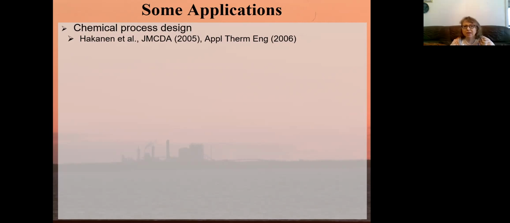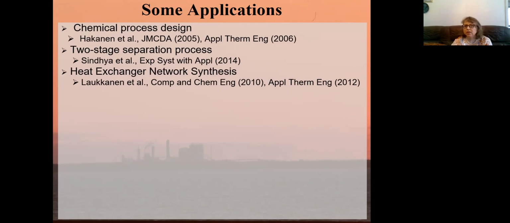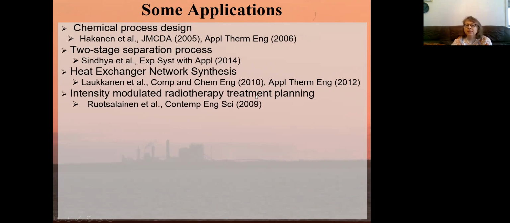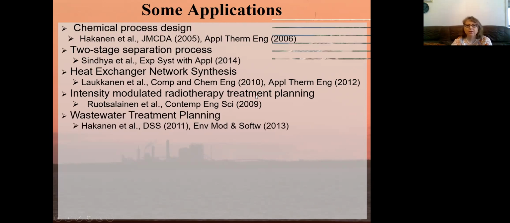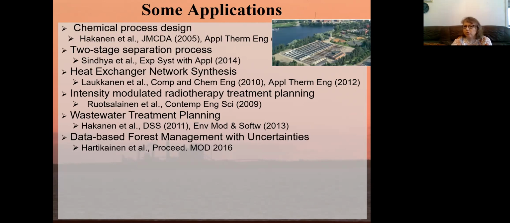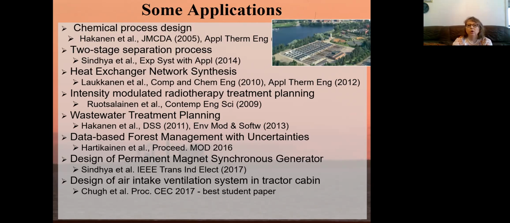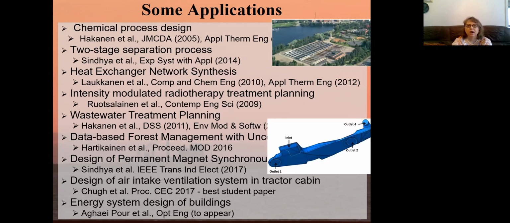So examples are in chemical process design, heat exchange network synthesis, intensity modulated radiotherapy treatment planning, wastewater treatment planning and plant operation, data-based forest management, optimal design of permanent magnet synchronous generators, optimal design of air intake ventilation systems, tractor cabins, energy system design of buildings, many kinds of things one can consider.